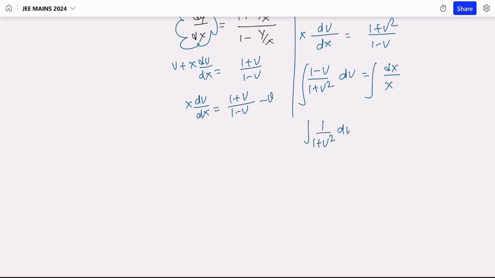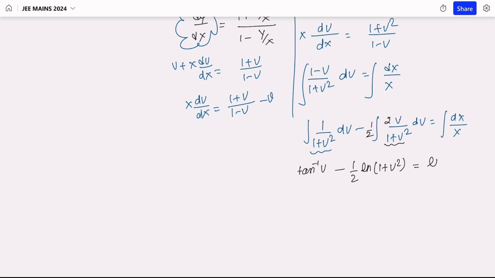Okay, separate these. If we take integration both sides, so we have 1 upon 1 plus v square dv minus v upon 1 plus v square dv is equal to dX by X. Okay, integration of this one we know, we'll get tan inverse of v minus, if we multiply and divide with 2, differentiation of this thing here present, that is half times ln of 1 plus v square is equal to ln of X plus c we have.